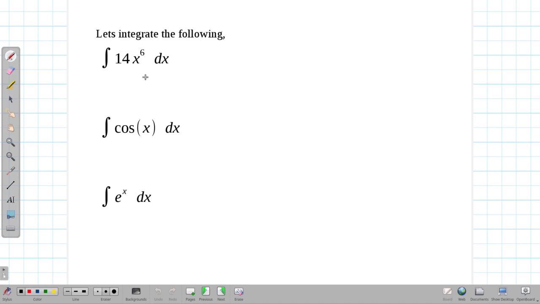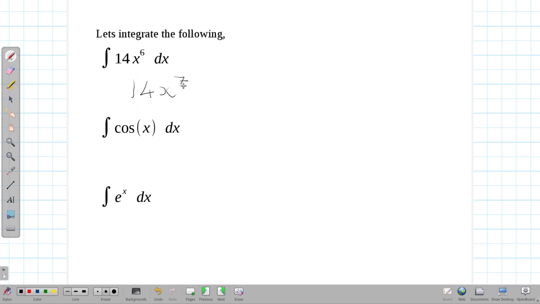So we've got 14x to the 6. Okay, so the first step in integration is to add 1 to the power. So I'm going to put the full amount down. 14x, add 1 to the 6, we've got 7.